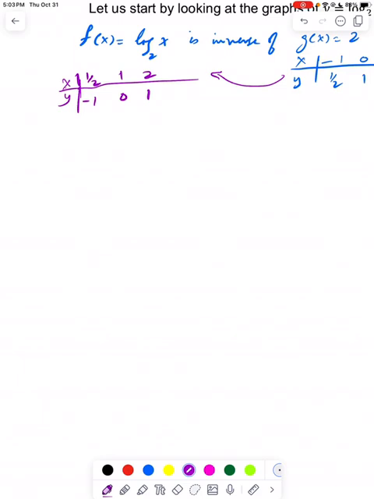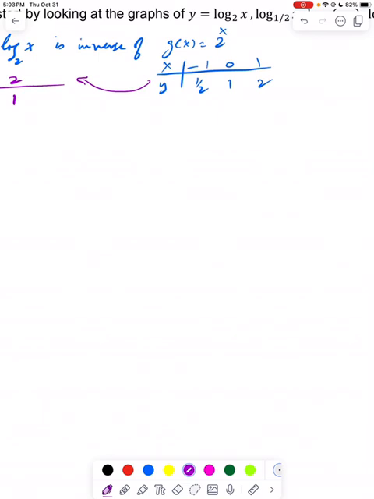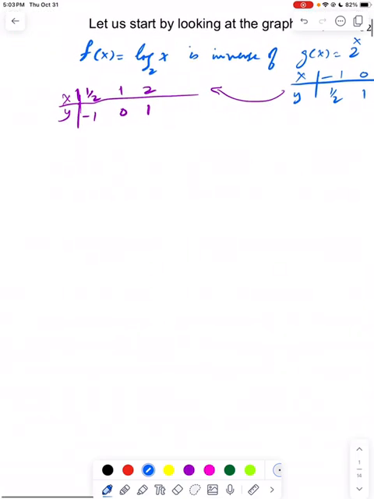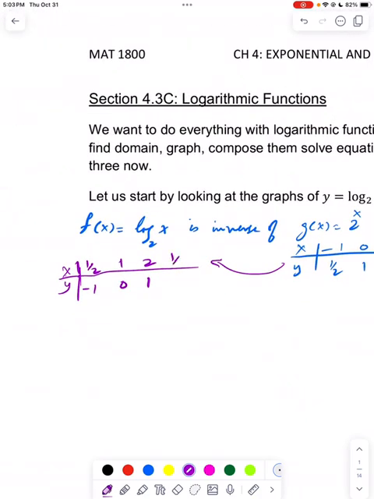If you want, you can get more values from the exponential function, for example -2 and 2. At -2 you would have gotten 1/4 and over here 4. So if I include the 1/4 and 4 here, then this gives me -2, and this gives me 2.